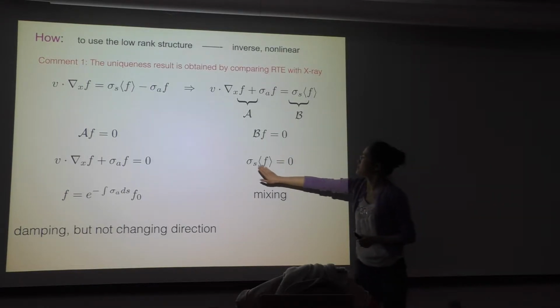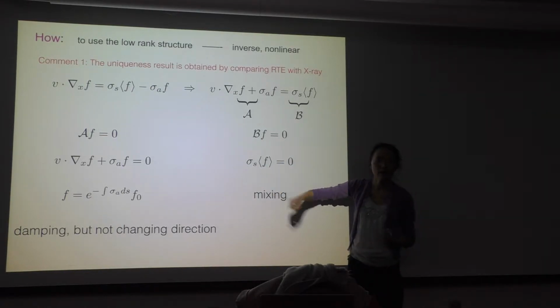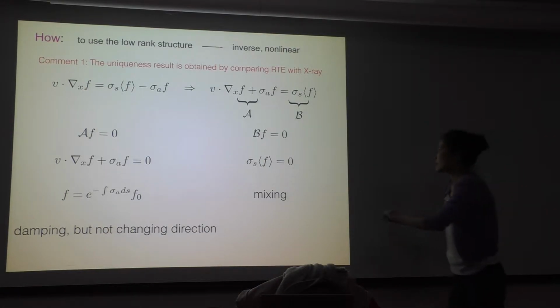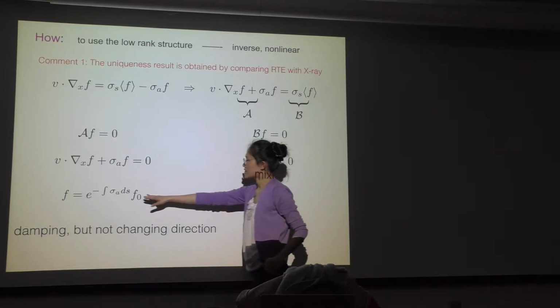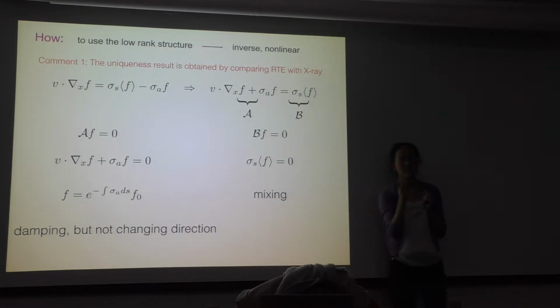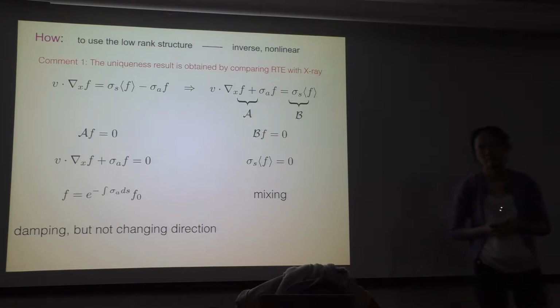The second term is the integral term, so that basically mixes everything in my neighborhood. So this basically says I have the exponentially decaying rate, and this basically says I'm communicating with my peers.